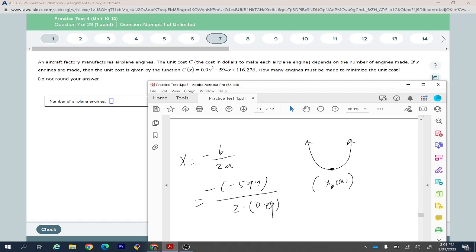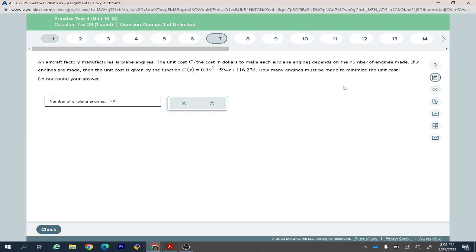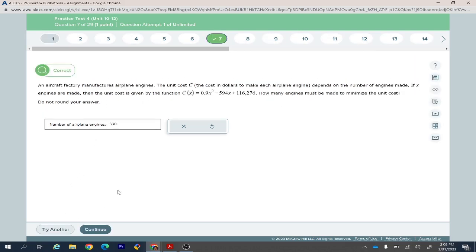So if you divide negative 594 by 2 times a, which is 0.9, that would be 330. So the number of your planes, how many engines must be made? So 330 engines must be made to have a minimum cost function.